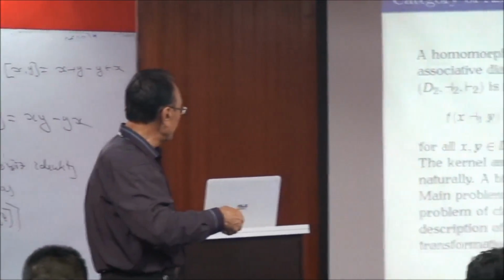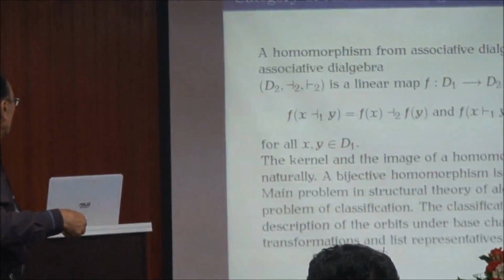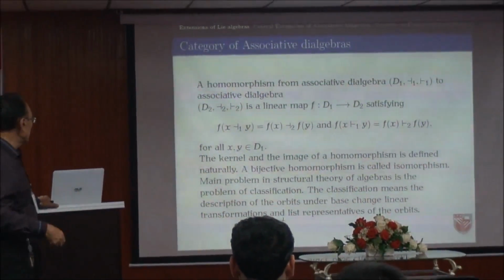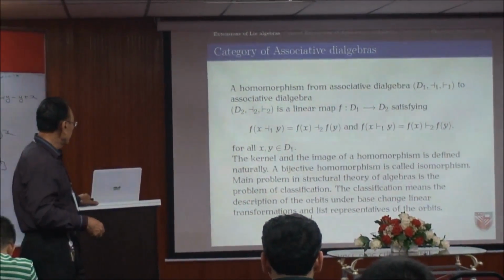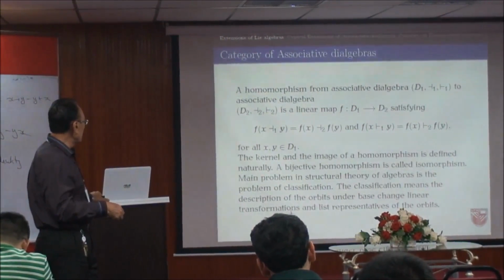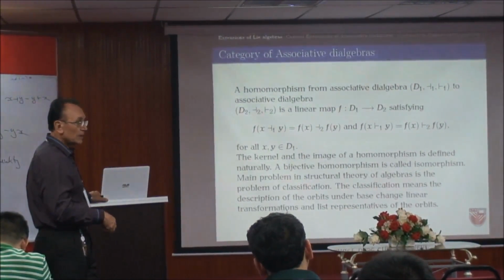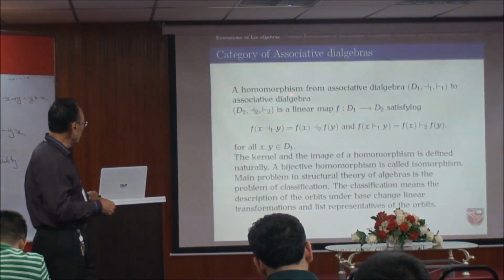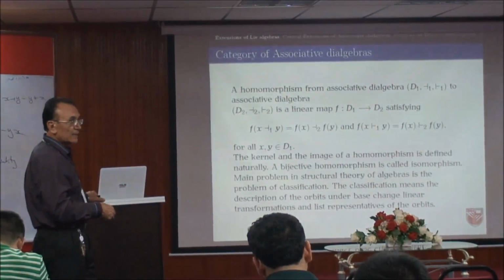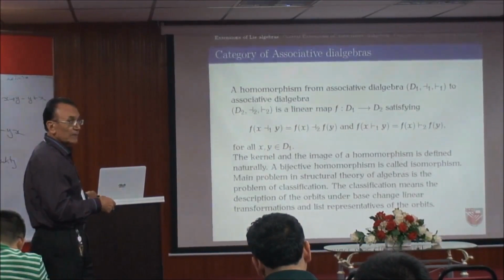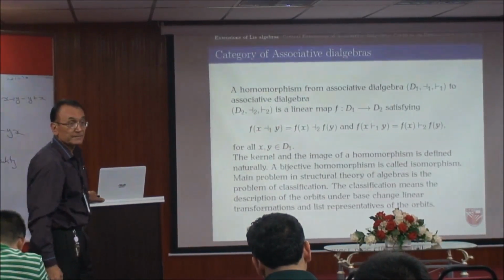So only this way is a homomorphism. The kernel and image can be defined naturally. Any bijective homomorphism is called an isomorphism. A homomorphism from the same algebra to itself is called an endomorphism as usual. If it is a bijection, then it is called an automorphism.